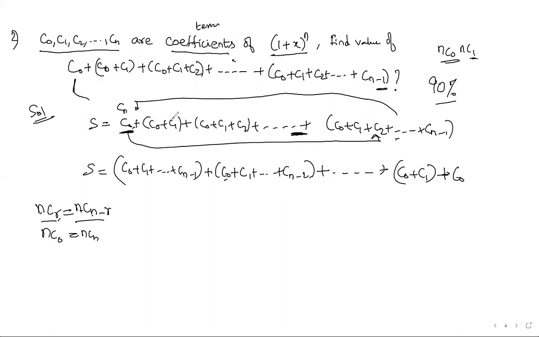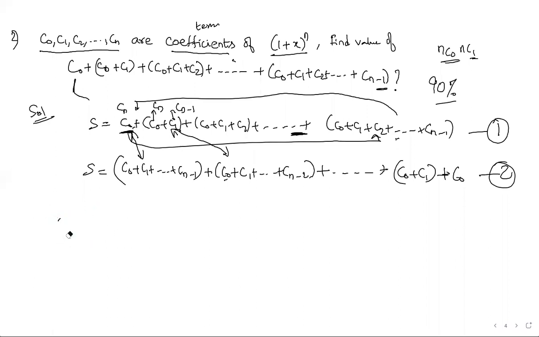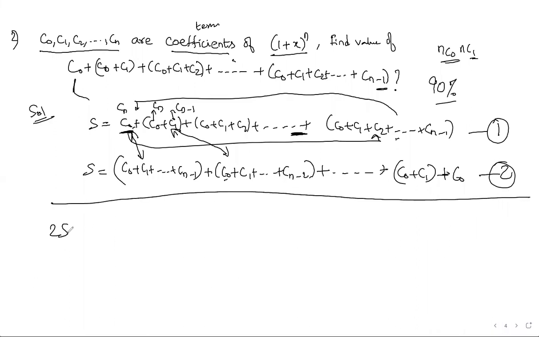In place of this C1, we can write Cn minus 1. And in place of C0, we can write Cn. So if you correspondingly add the first terms of the two summations, suppose consider this to be your equation 1 and this to be your equation 2, if you add 1 and 2, in the left hand side it will be 2S.